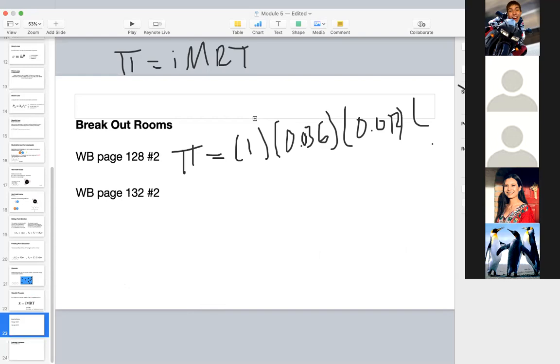So all we have left to solve for is temperature. So what would our temperature be in this case? If we have 65 degrees Celsius, how do we change from Celsius to Kelvin? Leslie says 338. Wouldn't it be plus 273?